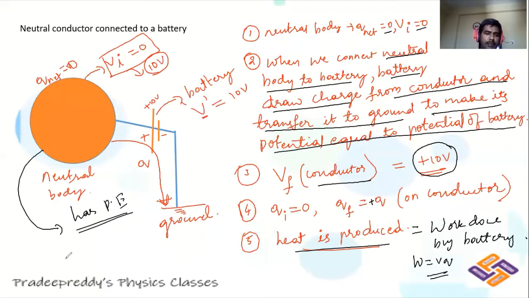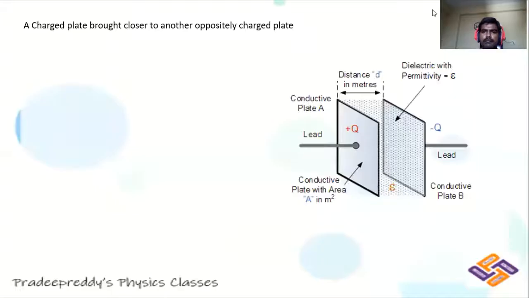So the change in the potential energy is equal to the work done. This is one more equation you can use, and this is from the work energy theorem. The work done by the battery is equal to the change in the potential energy of the neutral conductor, right? This is what we can learn from this particular activity, and it's very important.